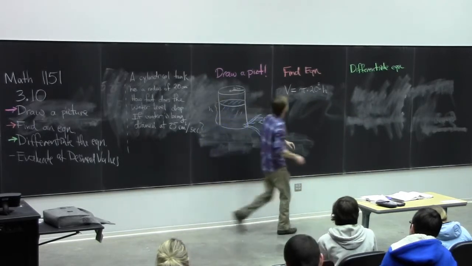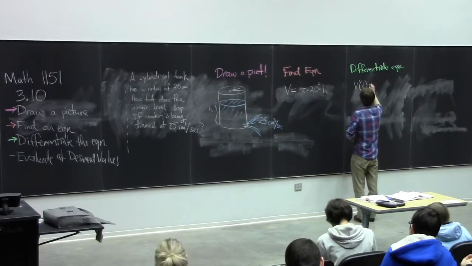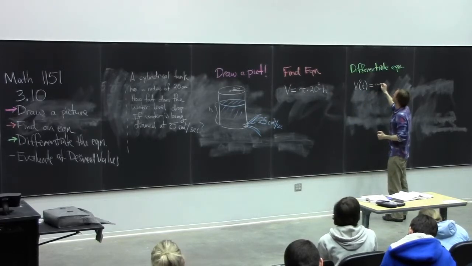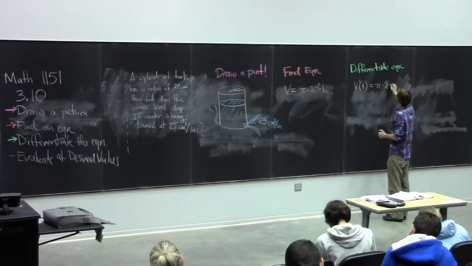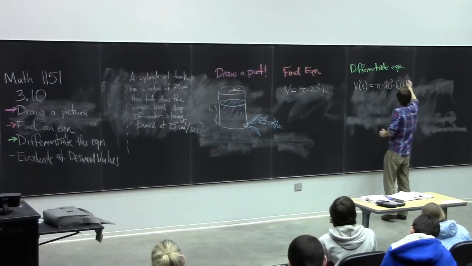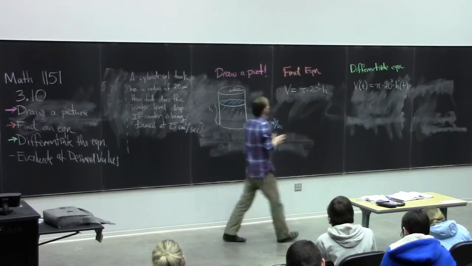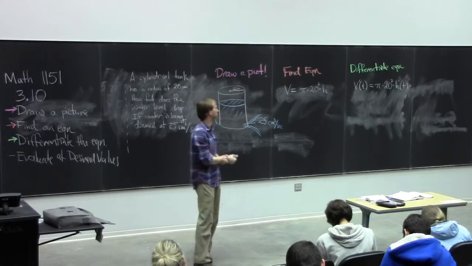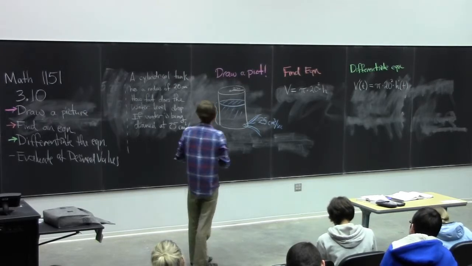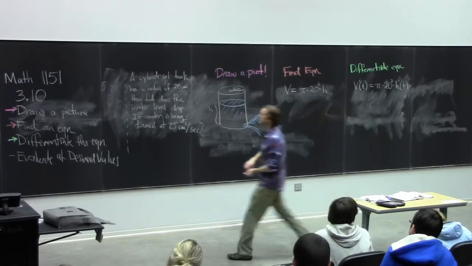So if I differentiate, it's going to be v prime of t. I'm putting t's everywhere. I hope that doesn't bother anybody. It equals pi times 20 squared times h prime of t. Do we know v prime of t? Yeah.